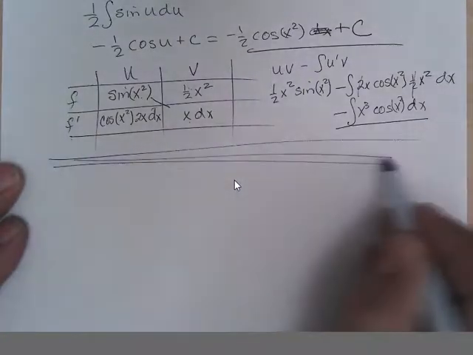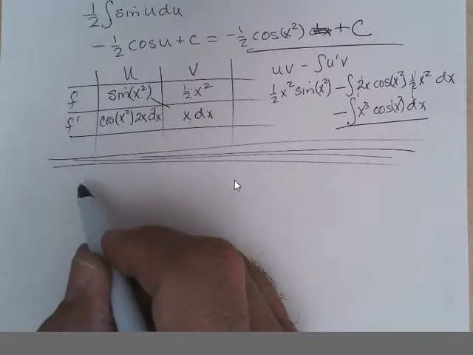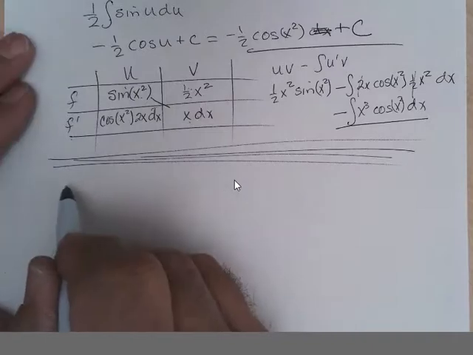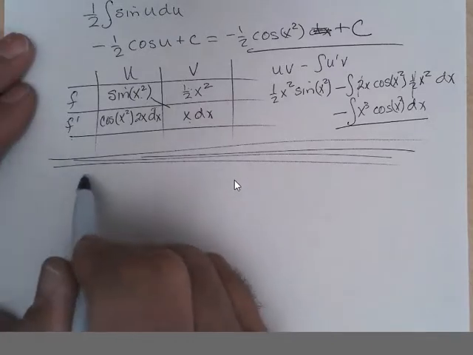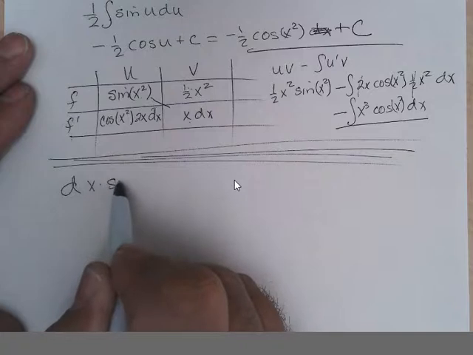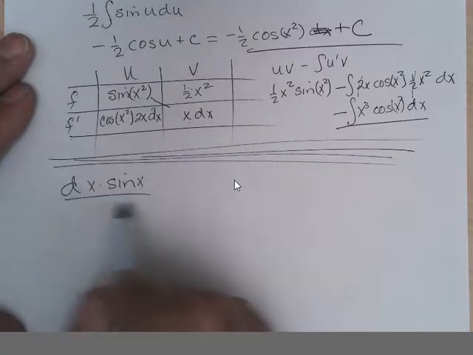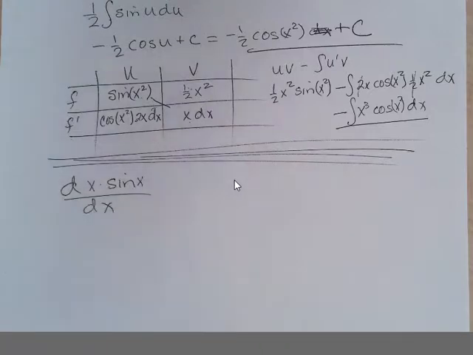Now, in the preview activity in section 5.4 of the book, they have you do a bunch of derivatives of products, like the derivative of x sine x. They're having you do this so that you might understand how this integration by parts is working.